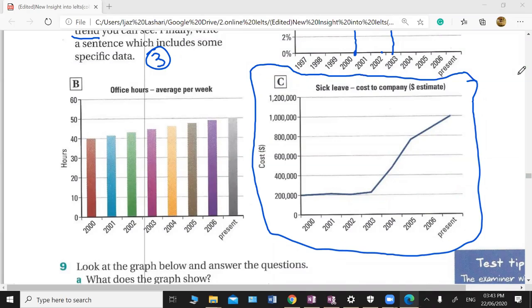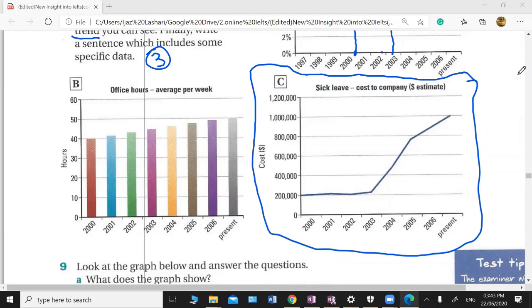After that, the cost didn't stop increasing, so much so that in 2006 it was reaching towards 1 million, and at present it has reached 1 million.